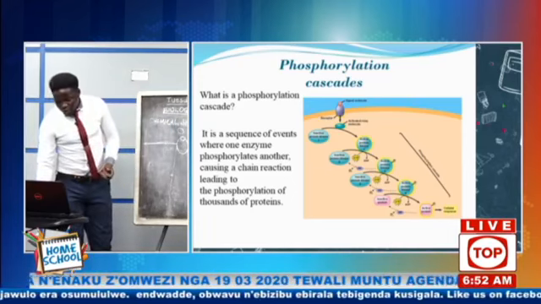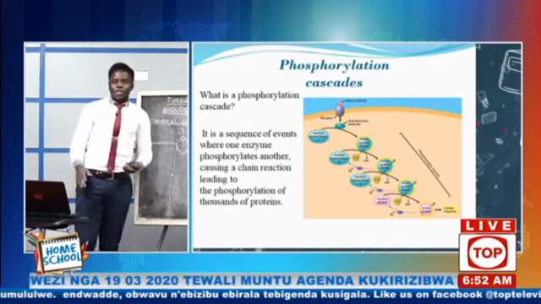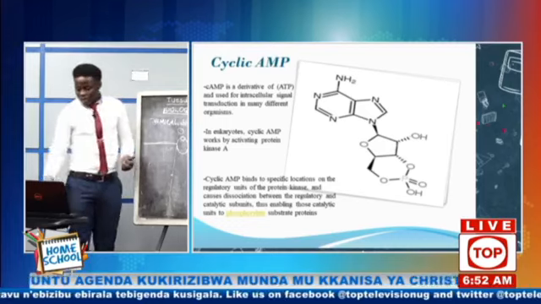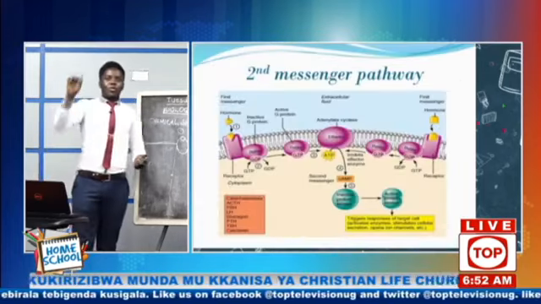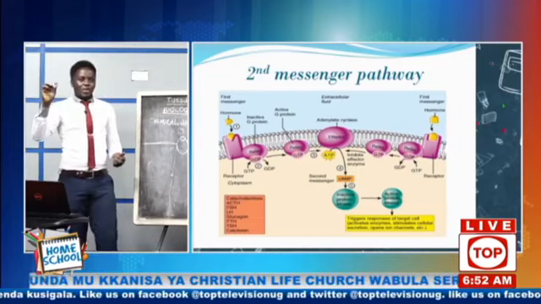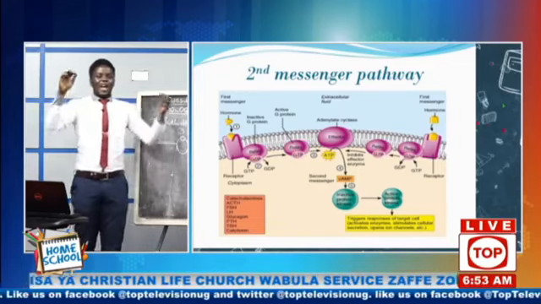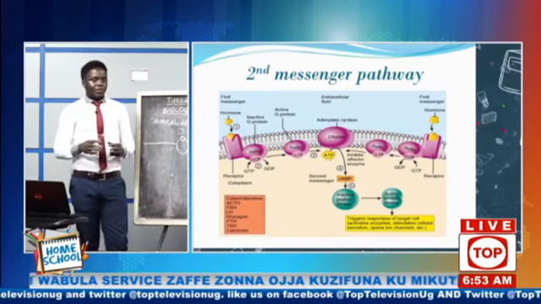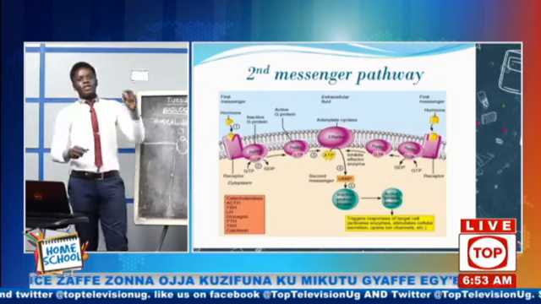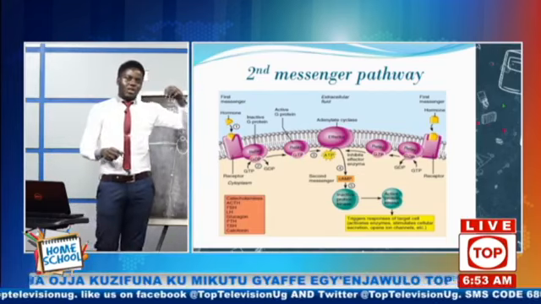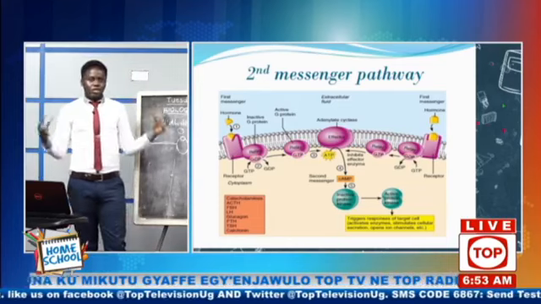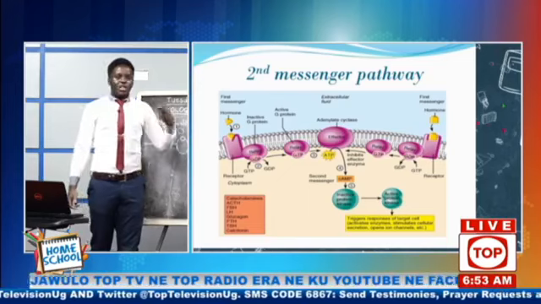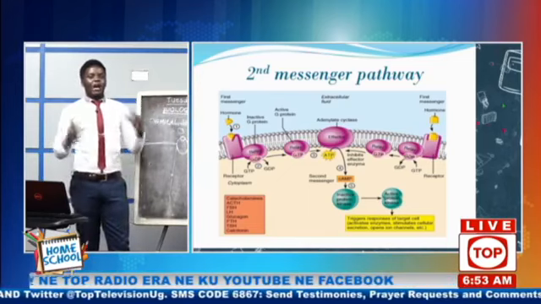If you go back and look at the illustration of the second messenger pathway, one second messenger, cyclic AMP, can activate very many inactive protein kinases. That implies that the effect of one hormone on a cell is going to be multiplied in magnitude, such that even when very few molecules of the hormone are released into blood, we are going to have a magnified response in the cells.